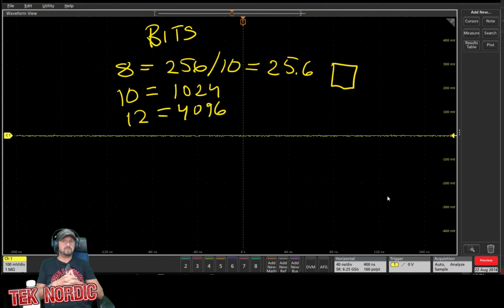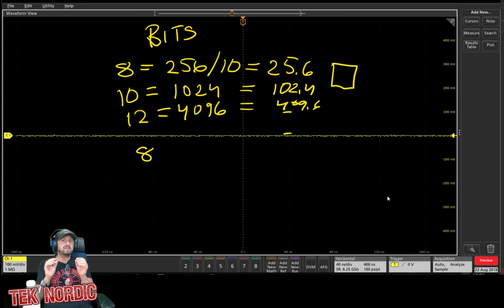I'm trying to make a point here that each of these bins, or divisions on screen, I try to draw one really nice there, you can divide it by... so in the case of 10 bits, we have 102.4, and in the last one, you can't see it, but it's 409.6.